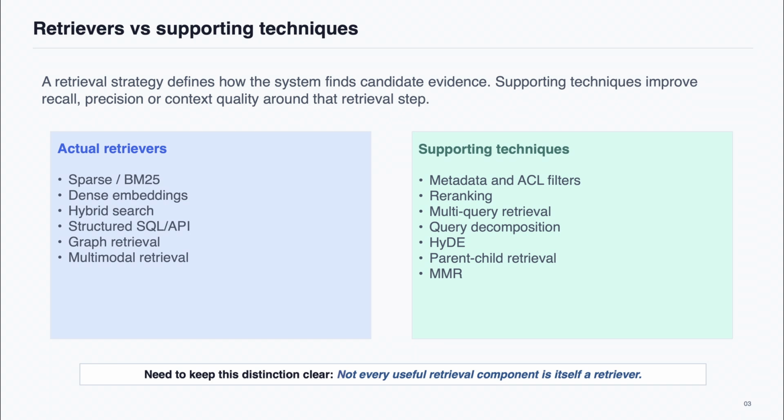Metadata filters, reranking, multi-query, query decomposition, HyDE, parent-child retrieval, and MMR improve what happens around that search. They can improve recall, precision, security, or context quality. Not every useful retrieval component is itself a retriever. Keeping that distinction clear makes the rest of the design easier to understand.